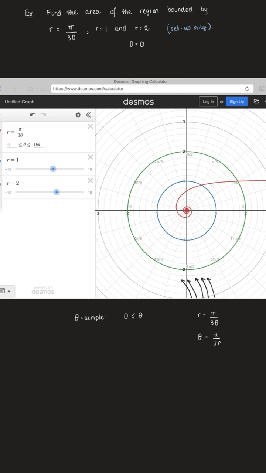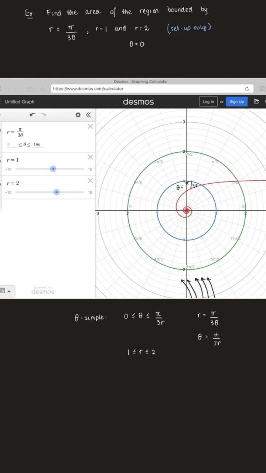So here theta will always be between 0 and the function written in terms of r, which is pi over 3r. So our spiral, we just rewrote so that we have it as a function of r, because I'm treating this as a theta simple region. And then of course r is between 1 and 2 still. And remember, that's the radial distance from the origin.